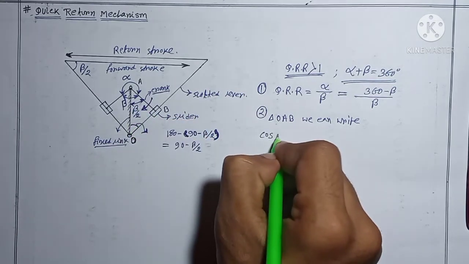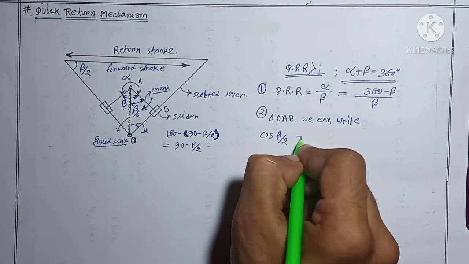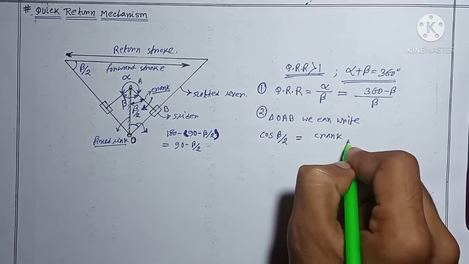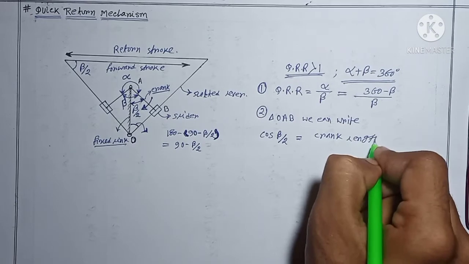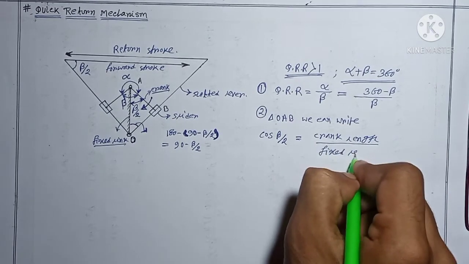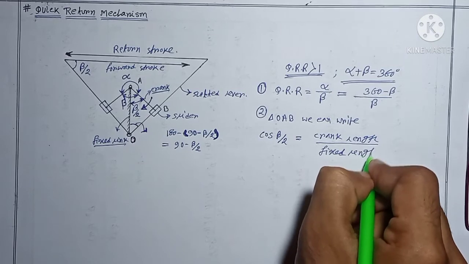So we can write cos beta by 2 as the ratio of crank length divided by fixed link length.